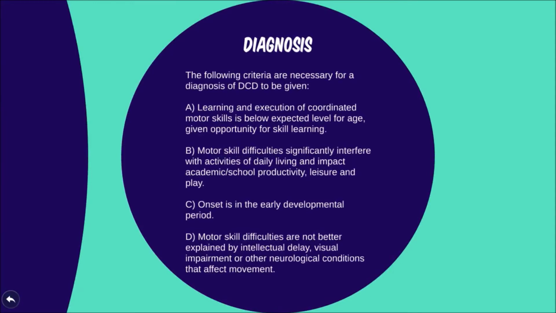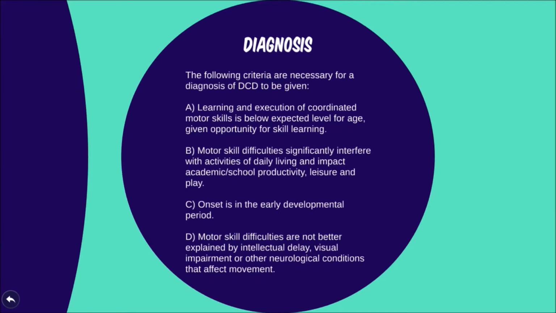In order to be diagnosed with DCD, they have to meet 4 criteria. The 4 criteria are that learning and execution of coordinated motor skills is below expected level for age, given opportunity for skill learning.